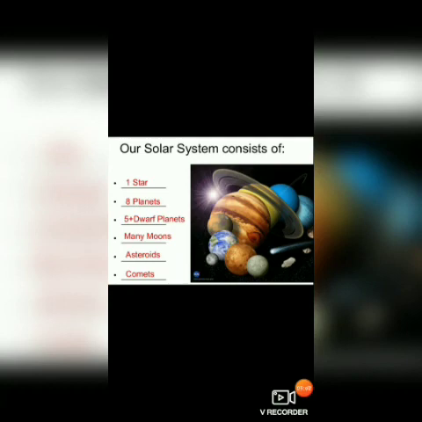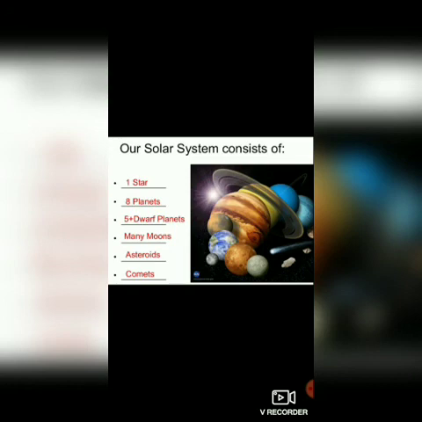Our solar system consists of only one star, called the Sun. It is the center of the solar system and it has 8 planets: Mercury, Venus, Earth, Mars, Jupiter, Saturn, Uranus, Neptune.